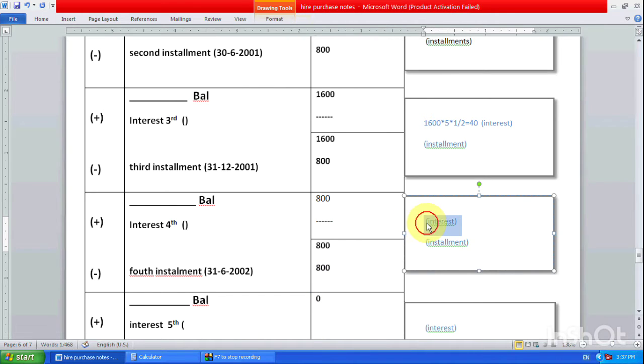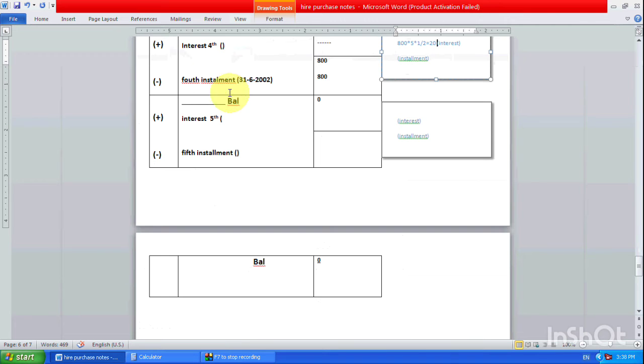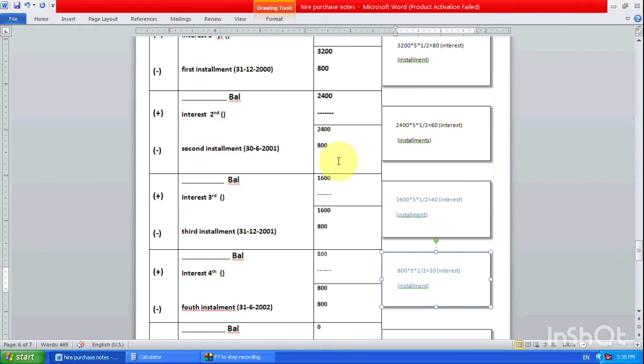Now let's calculate the interest: 800 into 5% into 1 divided by 2, it is half yearly, so we will get 20 as interest, which means 780 is the installment we are paying. After paying the fourth installment the balance is completely nil. This is the way we have to calculate the working note.